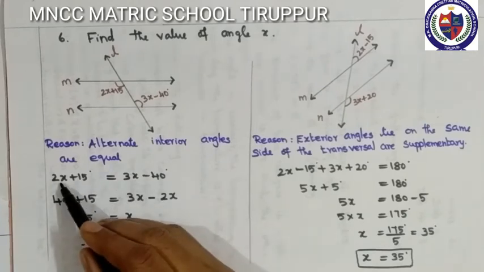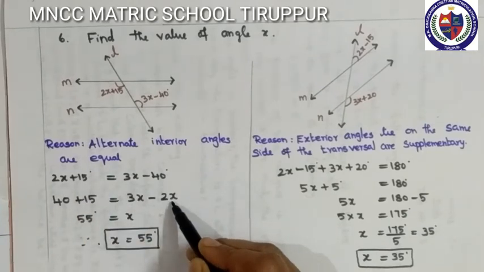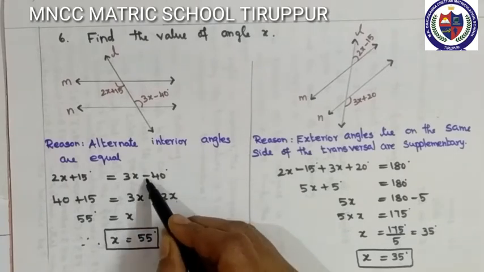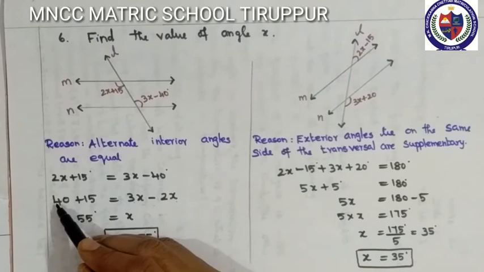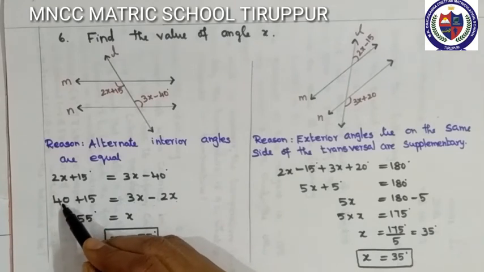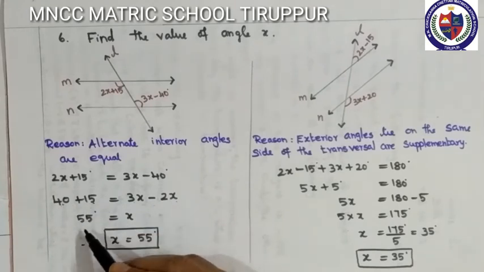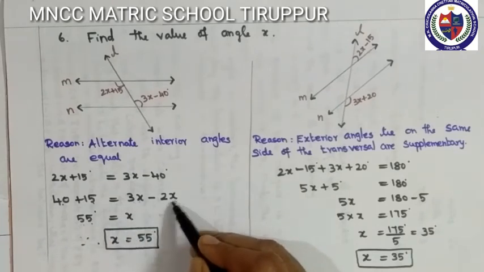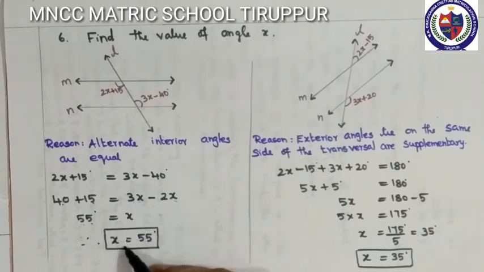Plus 2x goes to minus 2x. So 3x minus 2x. Minus 40 goes to plus. So 40 plus 15 equals 55 degrees. 3x minus 2x is x. So x equals 55 degrees.